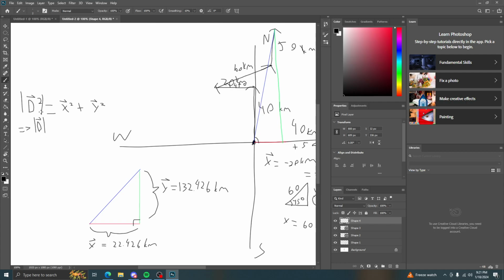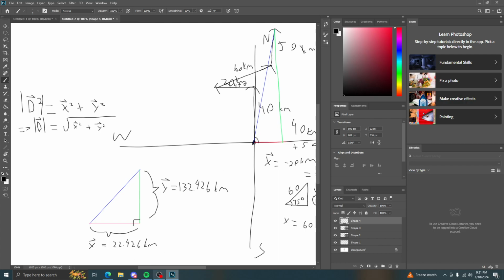This is what this means, magnitude. Displacement equals the square root of x squared plus y squared.